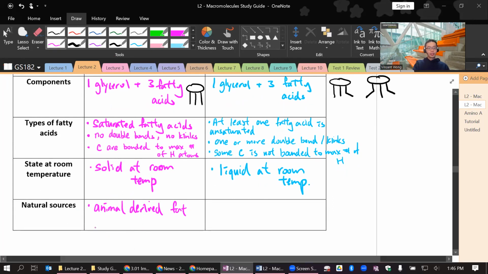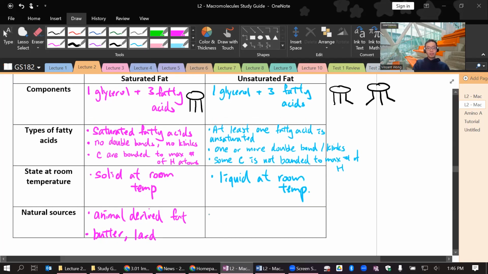Butter. Butter, that's right. Anything else? Lard, right? That's another one. If you use lard to make, especially if you want to make like the fluffy pastry, adding a little bit of lard is going to give you that fluffiness in your pastry. Super unhealthy though, of course.